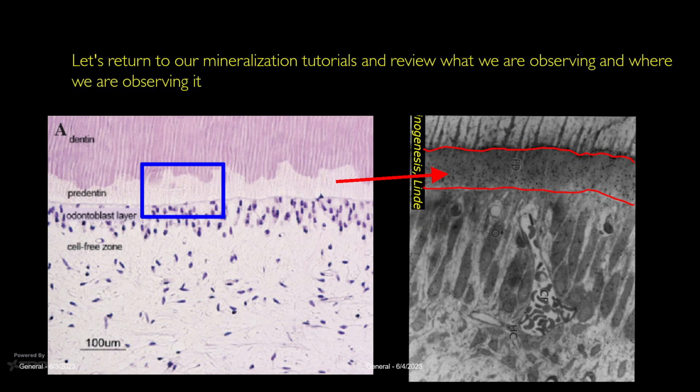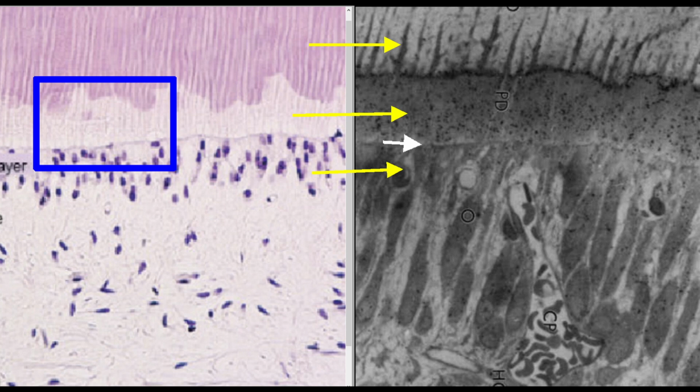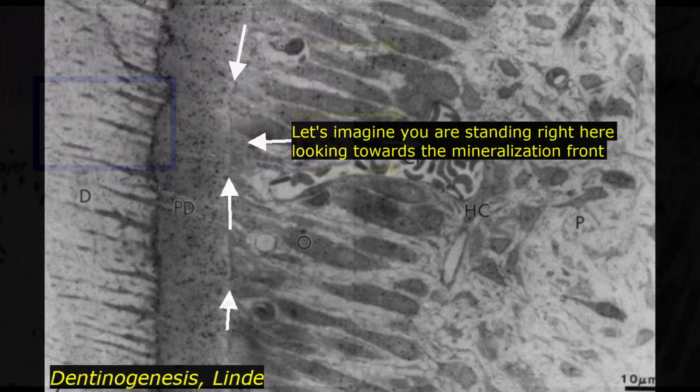So your vantage point is really looking at the predentin, which is partially calcified, partially mineralized from the odontoblastic process, and you're looking at this area between the mineralization front, and actually you are into the predentin. So we assume the odontoblast cells are gone or removed or chemically removed.